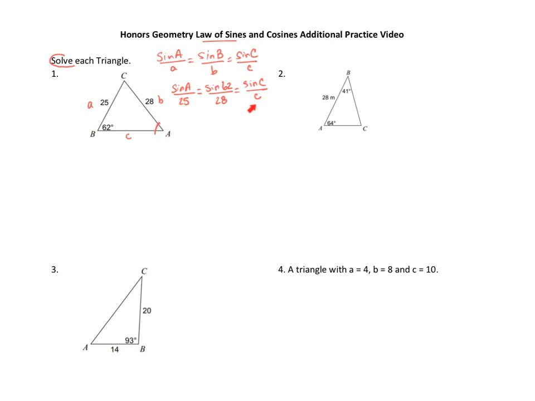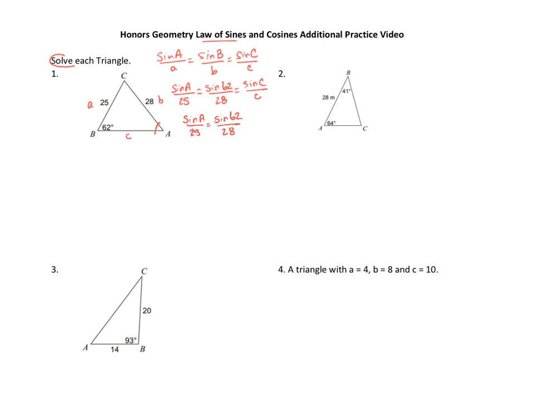Actually, there's three variables at this point. I won't be able to do it. But if I choose the first two in my ratio, then I can solve for angle A. So let's go ahead and do that. So over here, I'm going to say the sine of A over 25 equals the sine of 62 over 28.